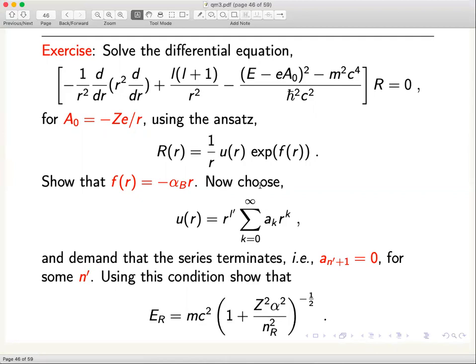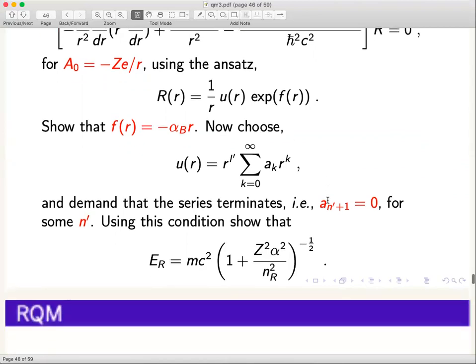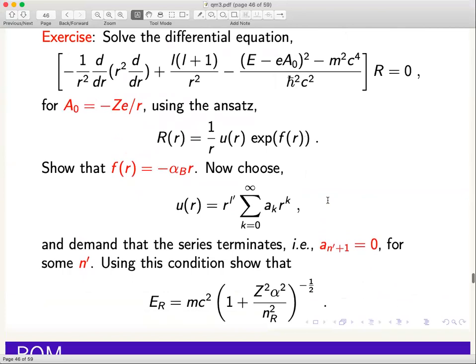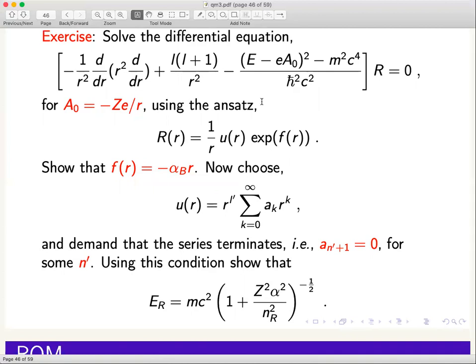Okay, you can check this. So it's a straightforward, little longish but straightforward exercise. Okay, and as I said, since the differential equation is in some sense of similar form as the non-relativistic problem up to shifting parameters, you could just take the non-relativistic problem and shift parameters appropriately to arrive at this answer.